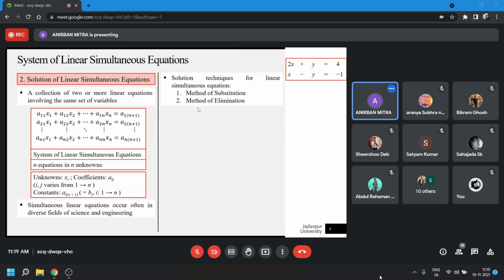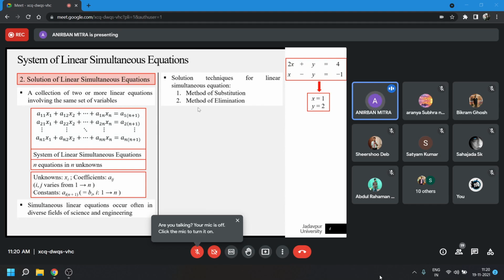For example, in this system of equations, 2x plus y equal to 4, x minus y equal to minus 1, you can express y as x plus 1. Taking the second equation into account, we can write y is equal to x plus 1. And then we can replace y in the first equation, or substitute y in the first equation, so that it gives us a linear equation in x. And from there, what you will see is that x will come out to be equal to 1. And then it's a very simple process to find out y, which is equal to 2. So this is the method of substitution.